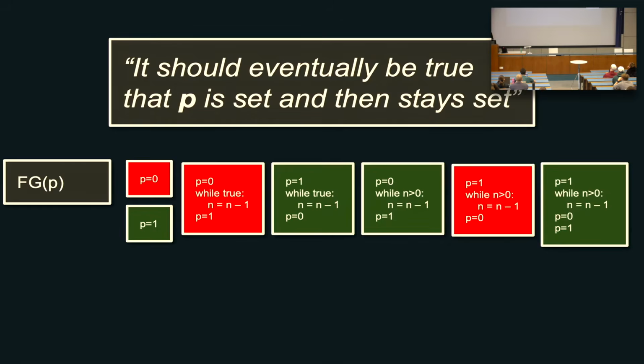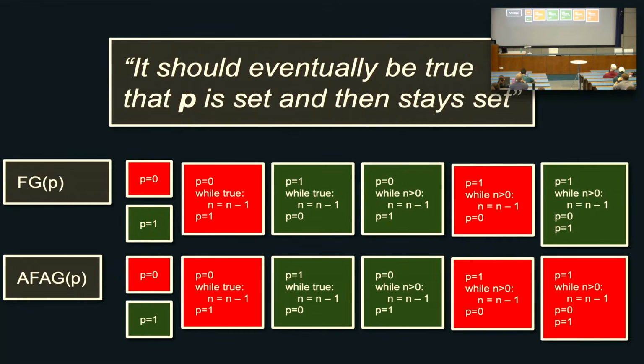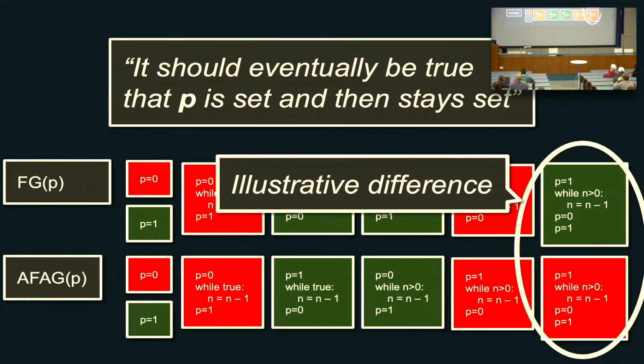Right? And so one thing we could do is show them a bunch of little programs that would respect or not respect that property. So for the little green programs, the property is true, and for the little red programs, the property is untrue. Right? And we could show them the morally equivalent branching time temporal logic encoding of that same property and show them, again, the little programs, and then you'll notice there's a difference.